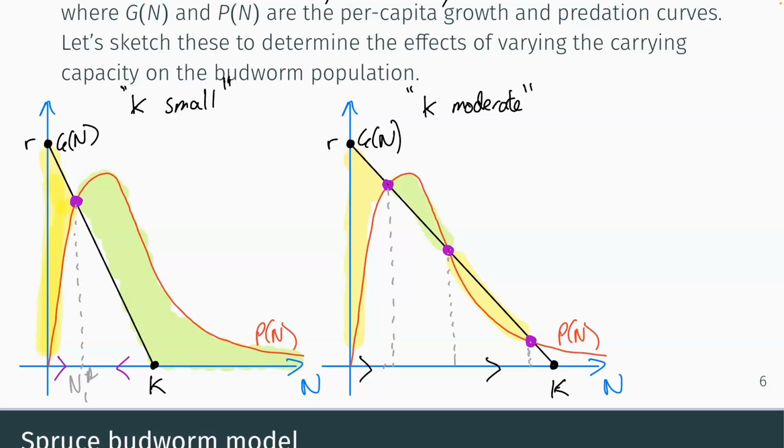In fact, that's true over here as well. I now have 3 non-trivial equilibria, and I call these N1 star, N2 star, and N3 star.